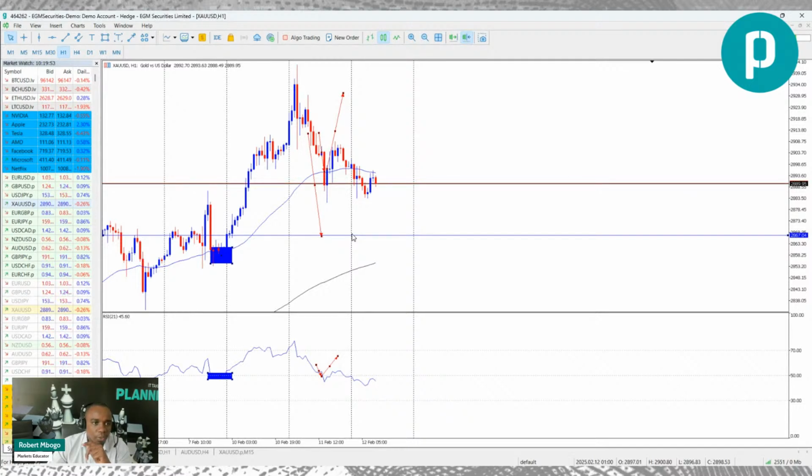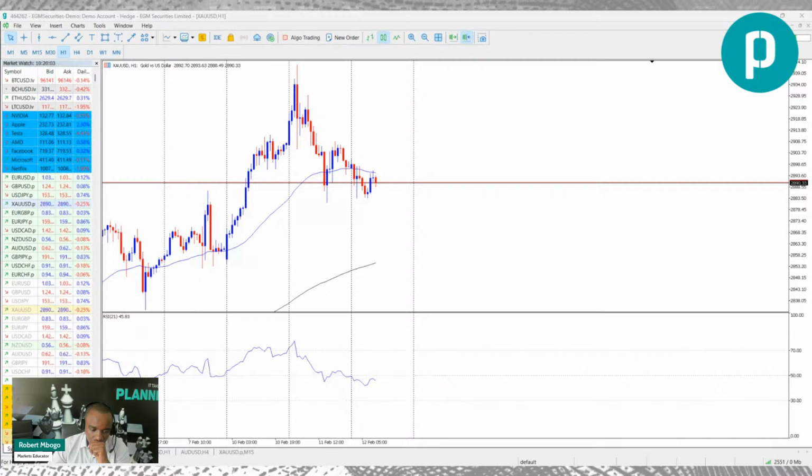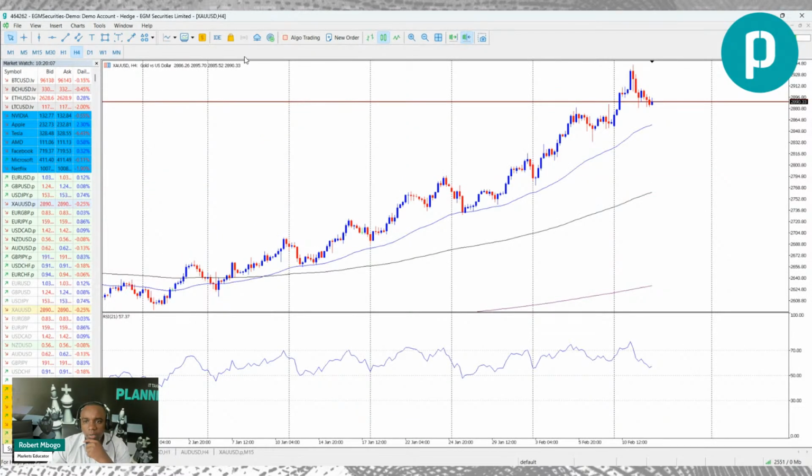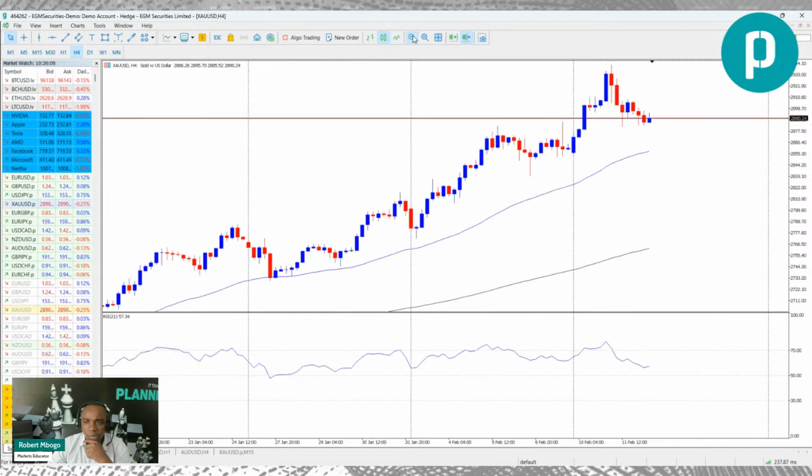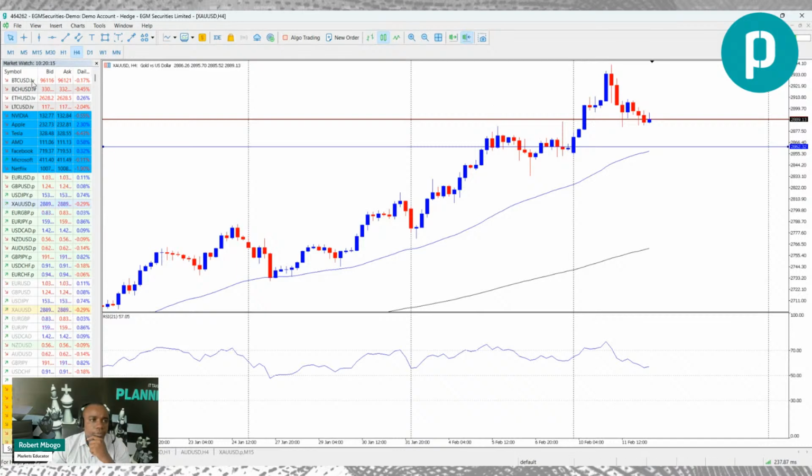So what are we looking at moving forward? Let's just remove this one. Let's go to higher time frames and try to decipher where we are at. I'll still be looking at those shorts on gold.